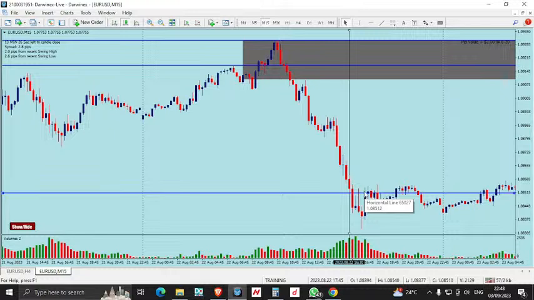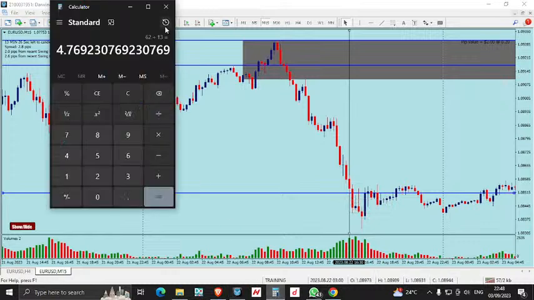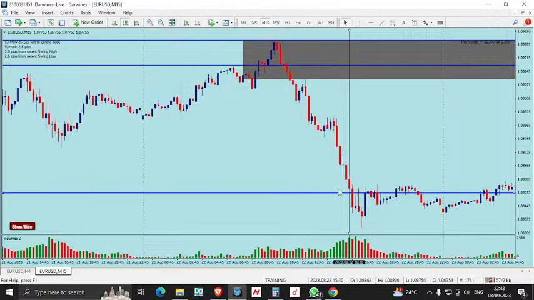So our real profit would have been, our entry was 1.0918. Okay, let's calculate it. 1.0918 minus, this is where that huge one formed, 1.0852.